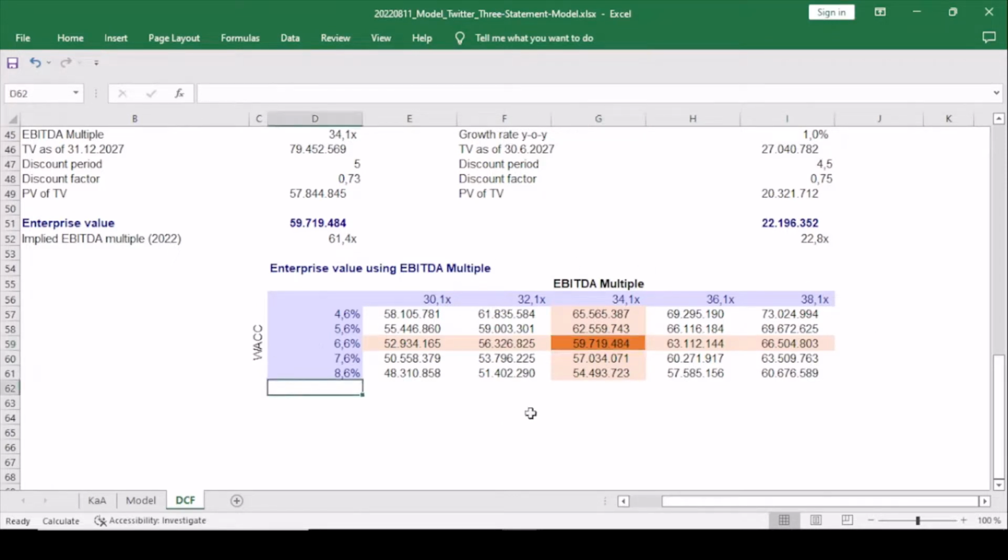So what we do next is the same analysis for our Gordon growth rate. There we link to the growth rate, plug in the 1% here.